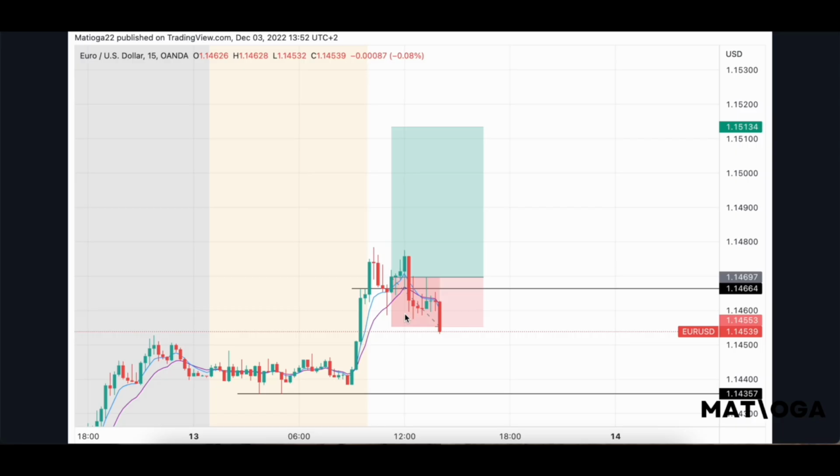But when you have an already open position, you should not get involved in additional positions on the same currency pair, so we just had to skip this. Eventually it became bearish, and if you would skip this long and go short here, that would be a better solution, I would say.